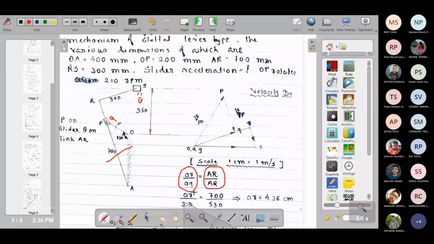Now AR by AQ: I am interested in this component AR.